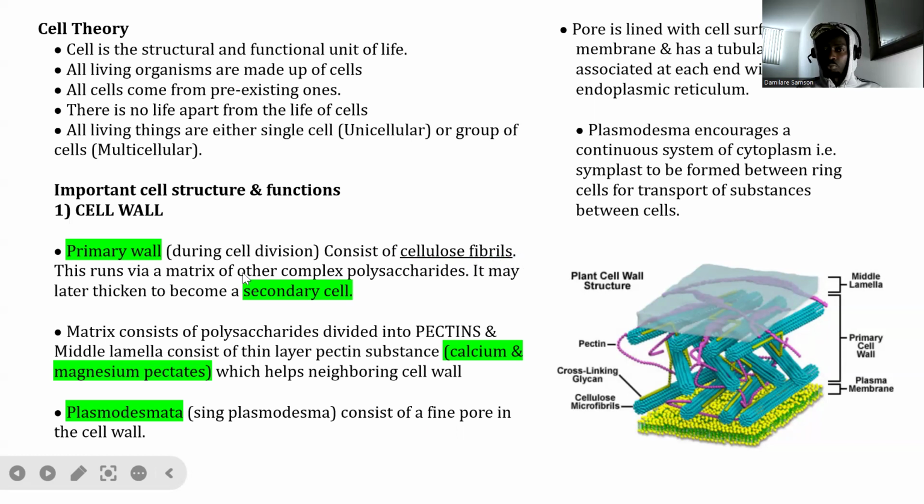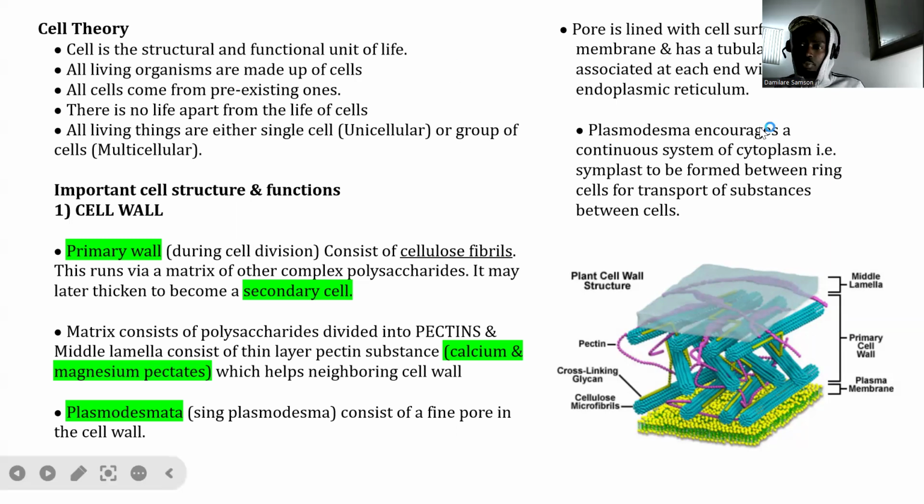These run through a matrix of other complex polysaccharides. It may later thicken to become the secondary cell wall. So we have the primary wall, which comes up during cell division, and when it becomes thickened with complex polysaccharides, it becomes the secondary wall.